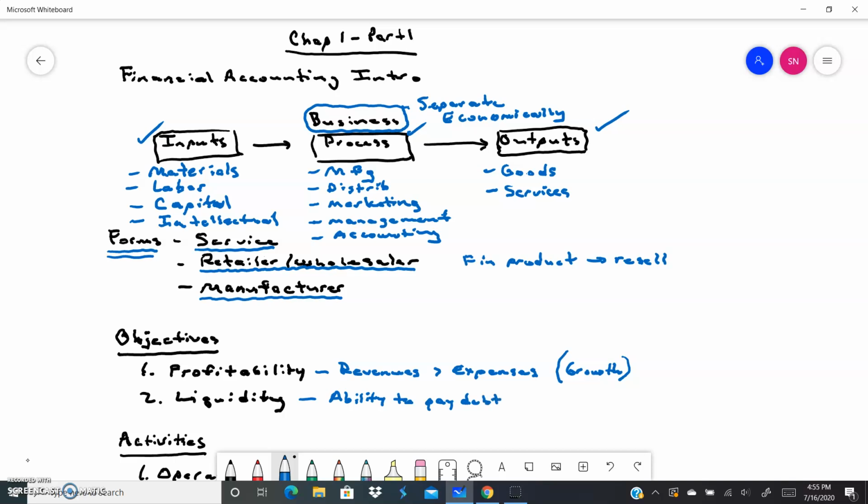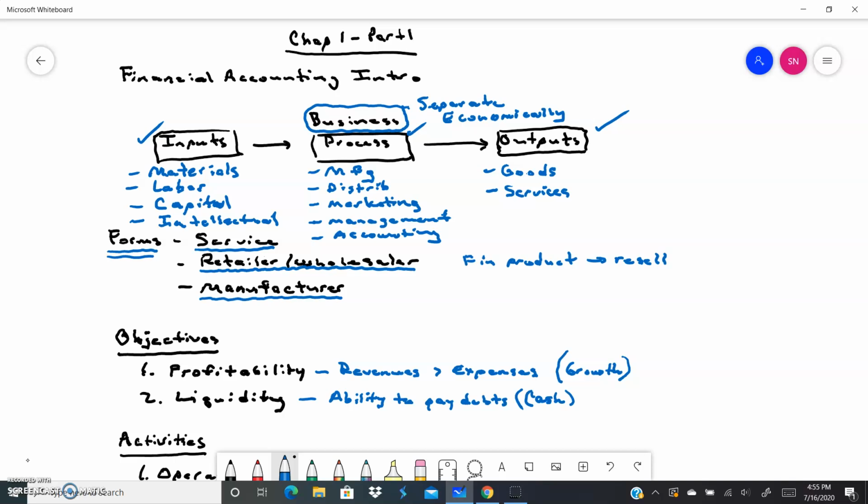And this is a function of basically how much cash we're going to have to be able to pay the debts, particularly the short-term debts. And we're most concerned with debts that are coming due within a year. What's our ability to satisfy those debts?